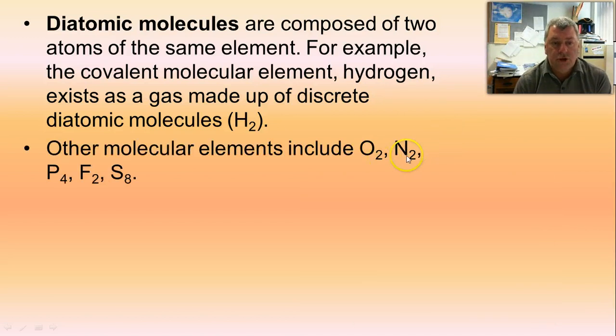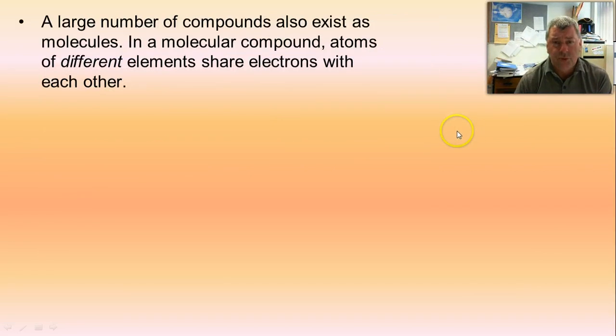Other examples are oxygen, nitrogen, phosphorus, where there's 4 phosphorus atoms joined together, and sulfur, where there's 8 sulfurs joined together with covalent bonds. They're all called diatomic molecules. Although, strictly speaking, these would be tetraatomic molecules, we'd class them again in the diatomic molecules, just to confuse you.